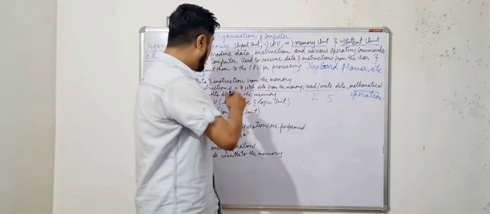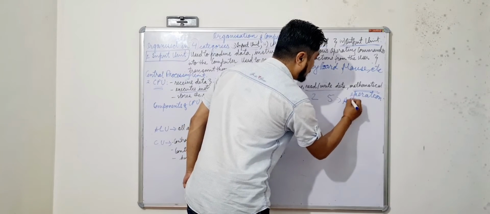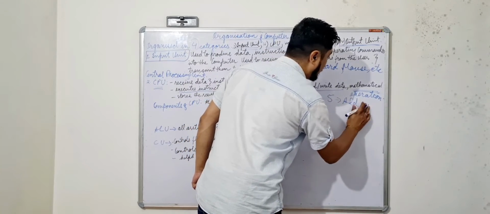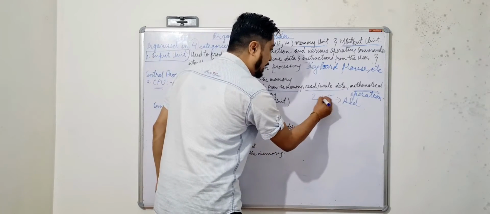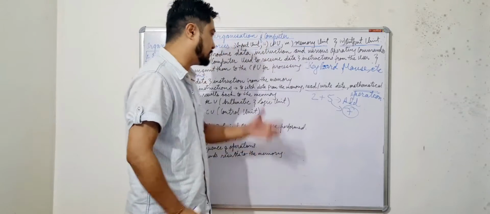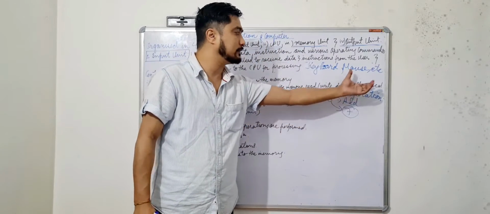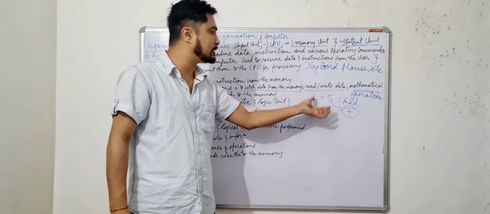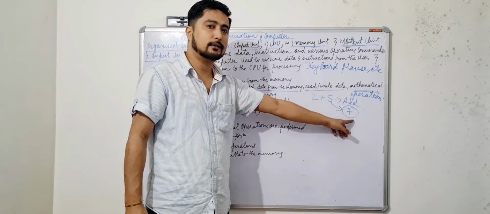And what is the instruction? I will give the instruction to add these two numbers. Now this number 2 will be added to 5, and then the value is 7. So that means the instruction is executed. The mathematical instruction is given to add these two numbers, and the value is 7.